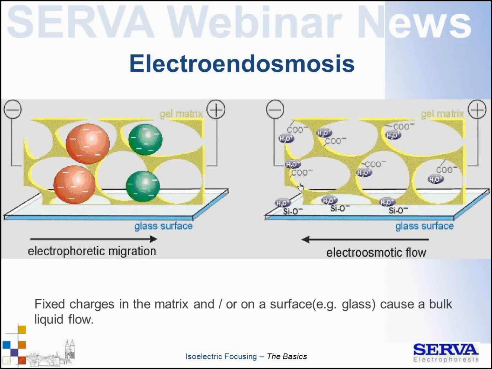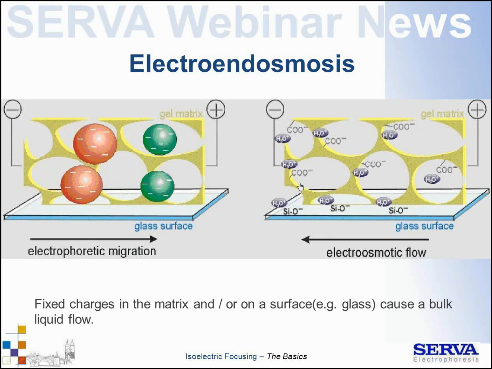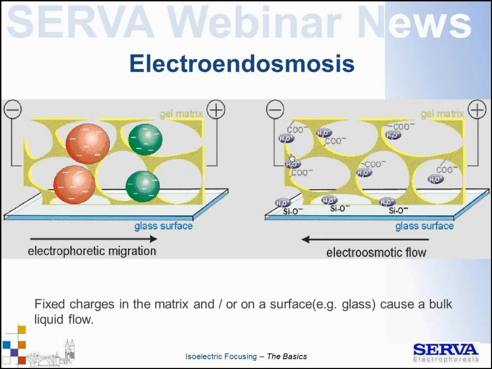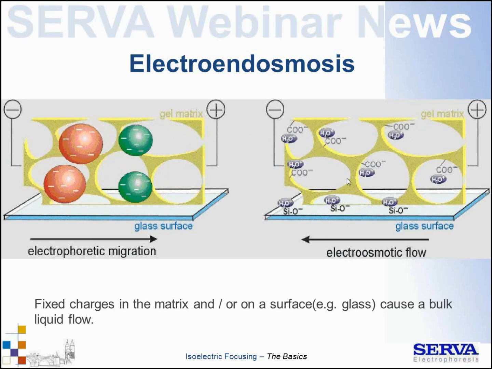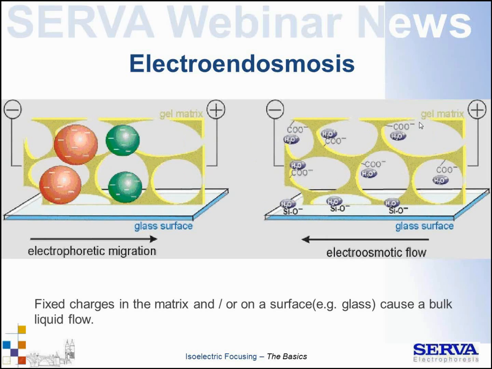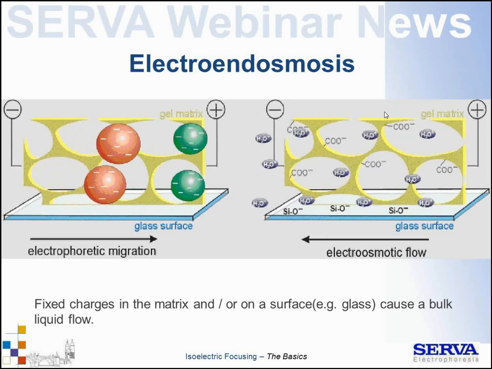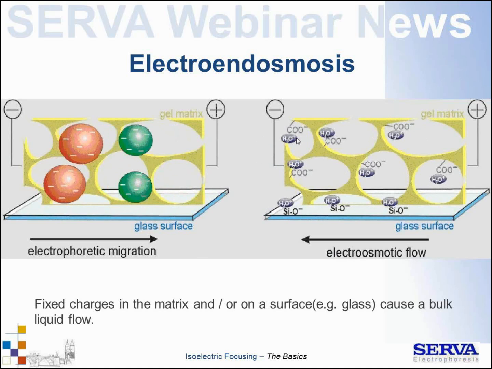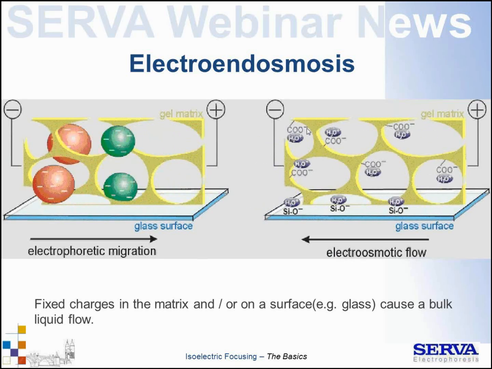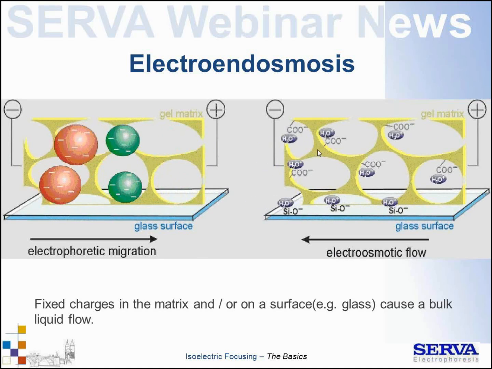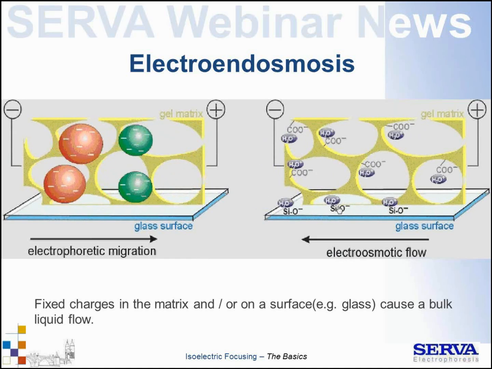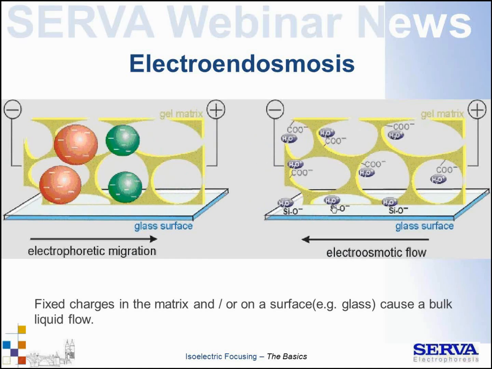Now, agarose is a natural product coming from agar-agar, and there are still sulfonic and carboxylic groups in the matrix which cannot completely be removed. In electrophoresis and in the basic part of isoelectric focusing, they will be deprotonated, and that means we have fixed negatively charged groups on the glass surface and in the gel.